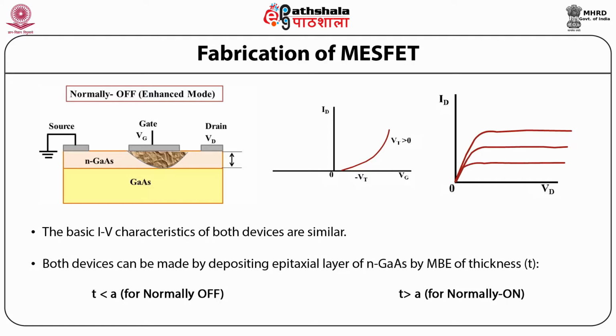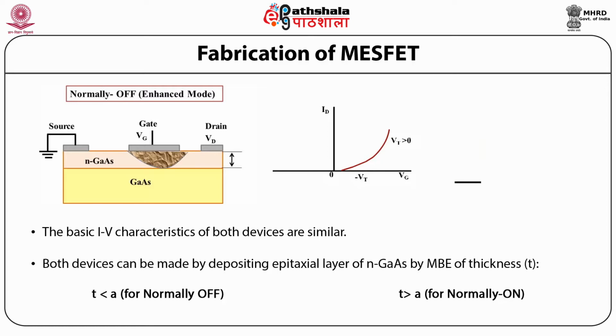This results in the opening of the channel for the flow of charge carriers and makes the channel conducting. Hence, a large drain current ID greater than 0 can flow for the applied positive bias at the drain, as shown in the next figure.